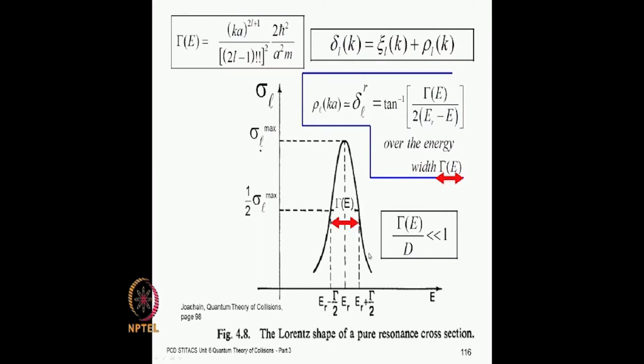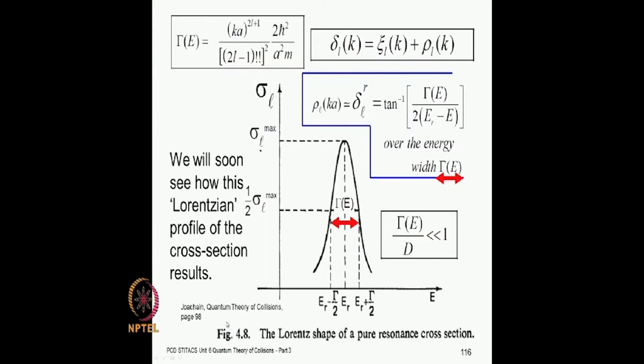So, this is a rather pure resonance. Most of the resonances we meet in atomic physics are not pure resonances, but I will tell you why they are not pure. But this is a pure Lorentz kind of resonance. So, this is the resonance cross section figure. This is from Joachain's book on page 98, and this is the behavior we will get, and we will now discuss how we obtain this Lorentzian shape.